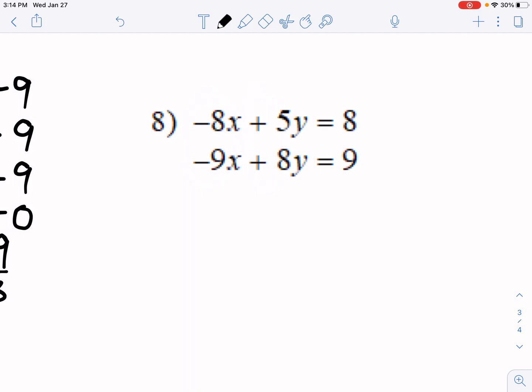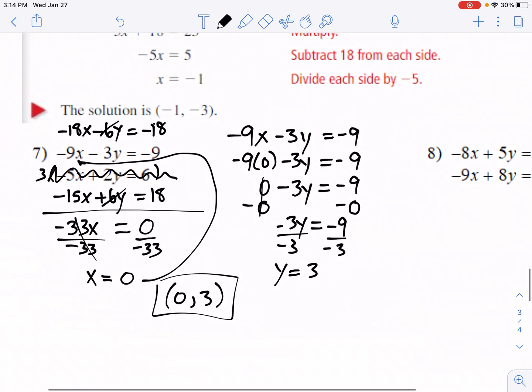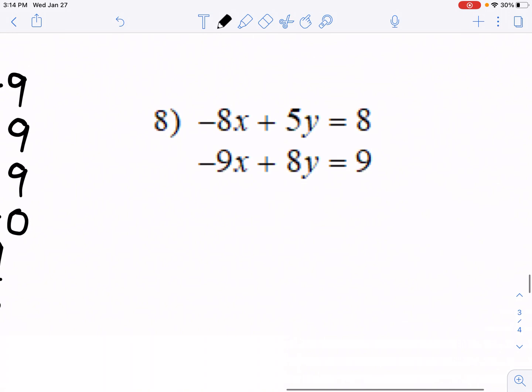Last time it looks like we eliminated y. Maybe this time let's eliminate x. So let's multiply something to the negative 8 and something to the negative 9 here so that we can get rid of x. Notice you can follow this same technique every single time and it will work just fine.